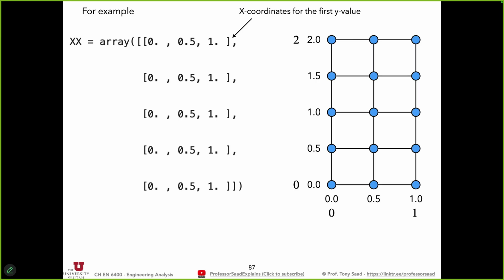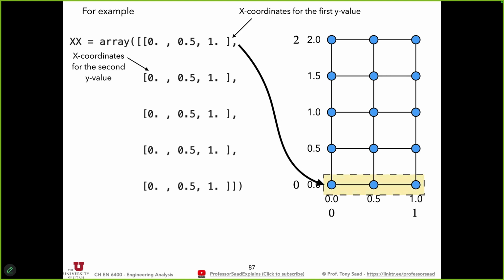The first entry in the x-axis array is all the x coordinates for the first y value, okay? The second entry is all the x coordinates for the second y value, and so on. So that's how you see that Python is storing them y direction first and then in the x direction.